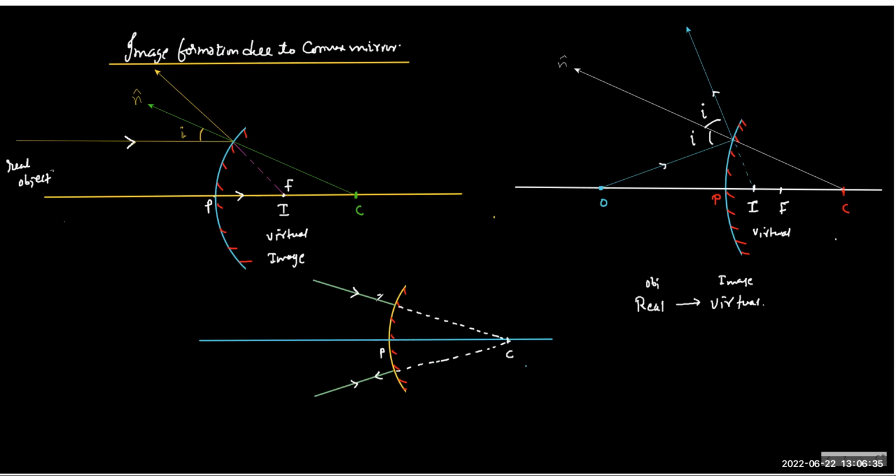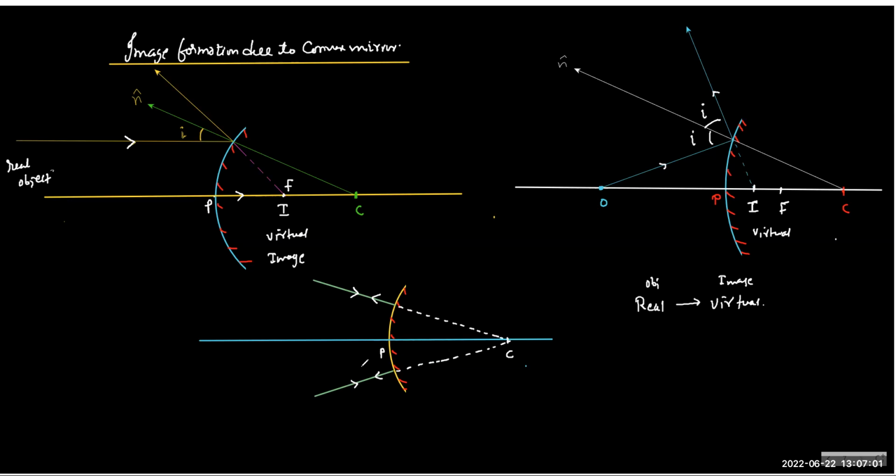Of course, this happened by chance. I was not intending to do this. So the ray will come and go away in the same path because it's passing through the center of curvature. These rays are essentially hitting the mirror at right angle, and whenever a light ray hits at right angle, what will happen? The retracing of paths. That's very important.